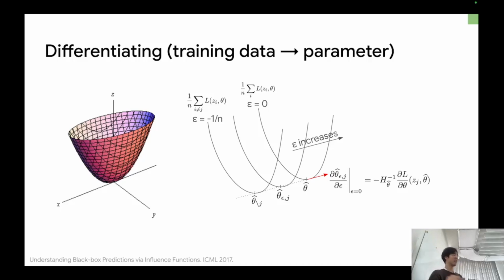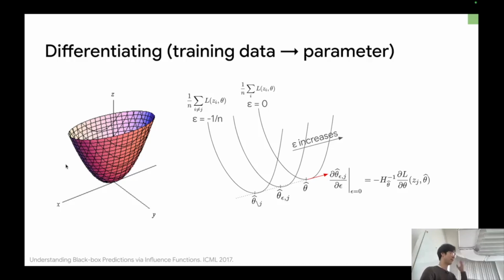I'm going to get to that later on as well. But you can think of this theta hat gradient as originally a directional vector pointing to the greatest change in loss value at Zj, but with a slight modification of the direction according to Hessian. Hessian is essentially encoding the local curvature of the loss.